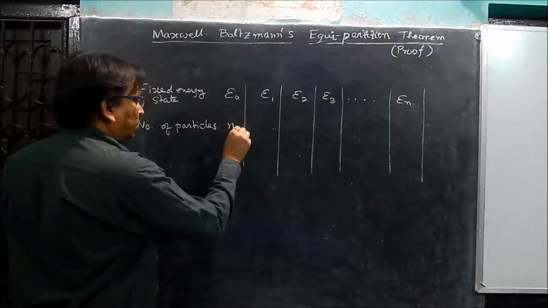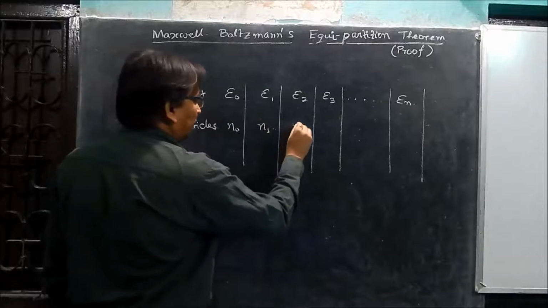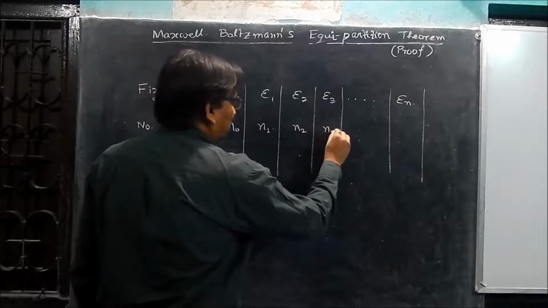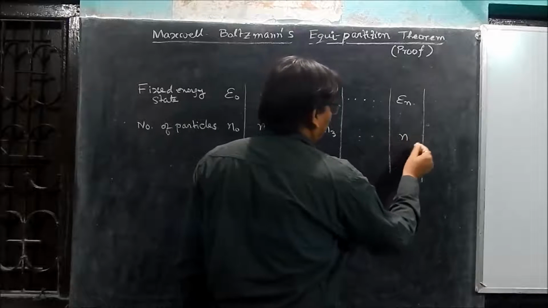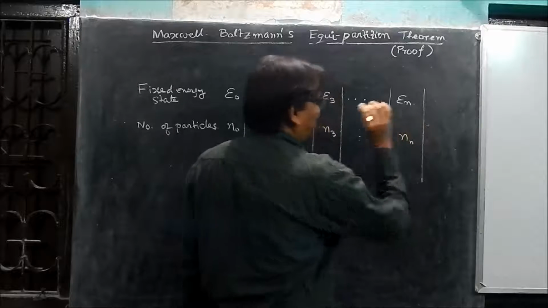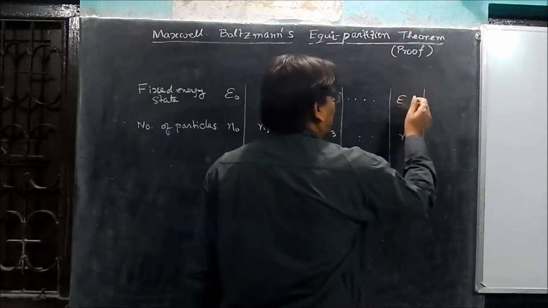Suppose here I have given n0 number of particles, here n1 number of particles, here n2, here n3, and so on, and here the nth number of particles.